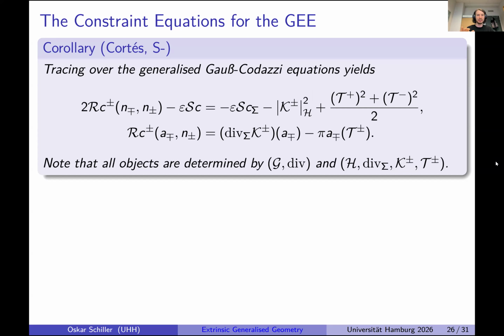Otherwise, the constraint equations are exactly the same constraint equations that you get in the ordinary setting, just with the ordinary objects replaced by the generalized objects. And these are equations really for the pair which relate objects determined by the generalized metric and the divergence operator on the ambient space, and then this induced extrinsic geometry over the hypersurface.